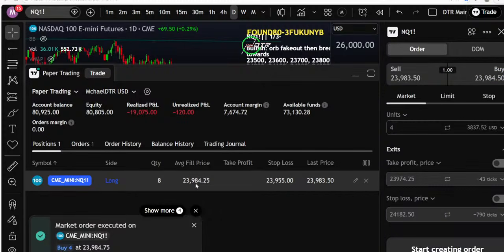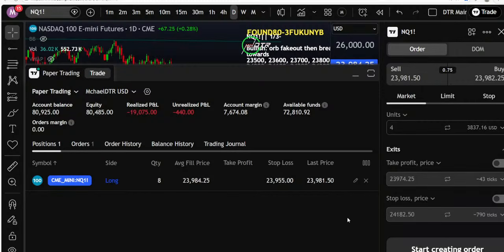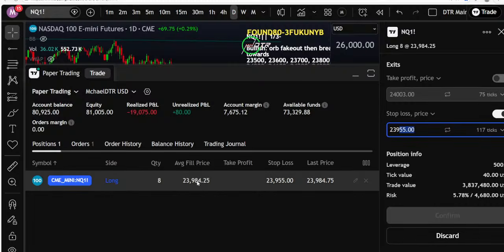So now I buy more. It changes my average price, but my order is filled to manage that same stop loss, so I don't actually need to change anything there. What I would do, however, is go in and edit my stop loss price to be better than my average fill price.